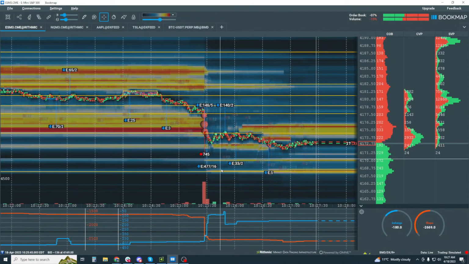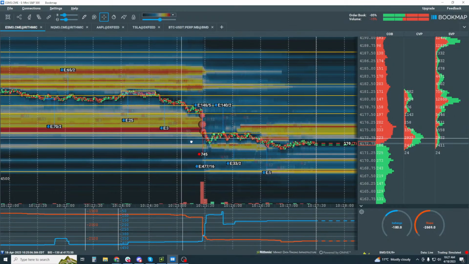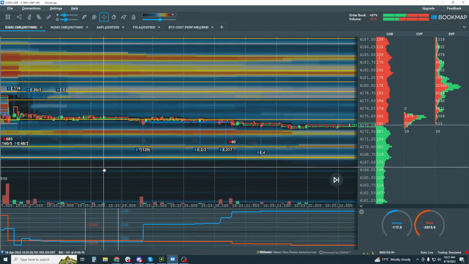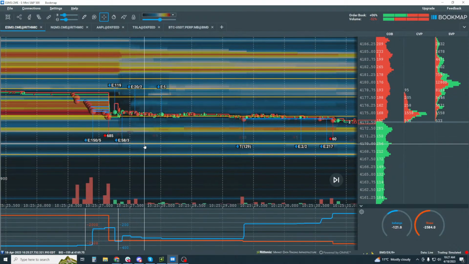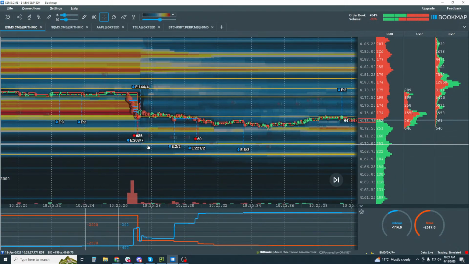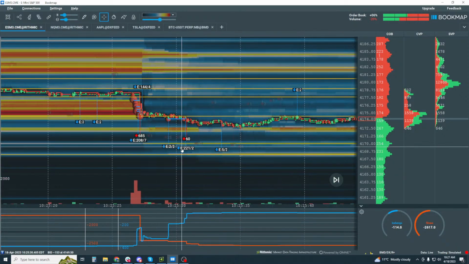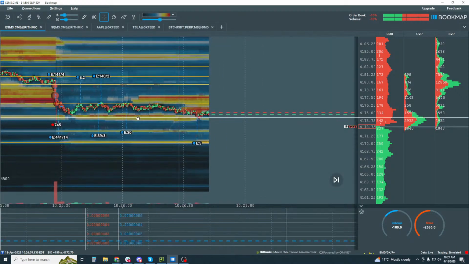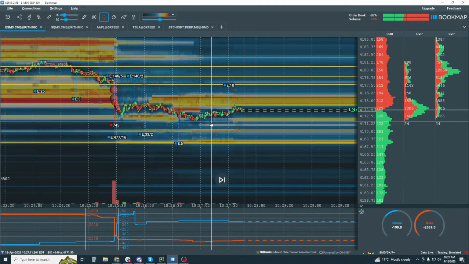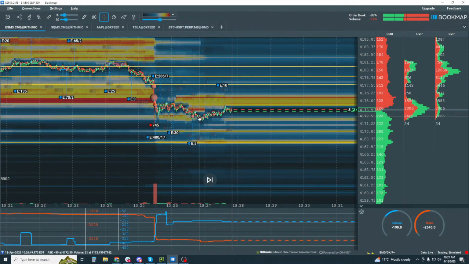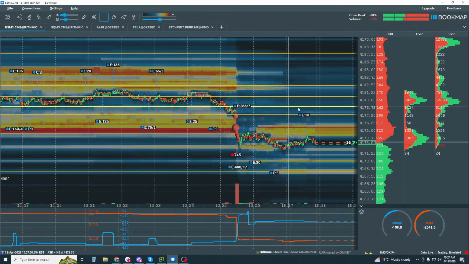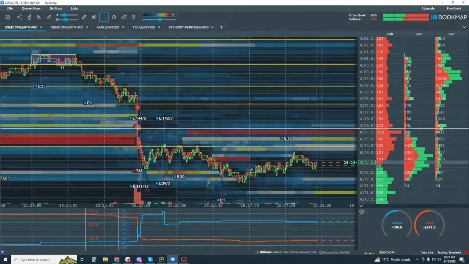Okay, an iceberg's right on the other side though, absorbing too, quite a few. It's not as big as it looks. All right, well, if that's the case, let's see.